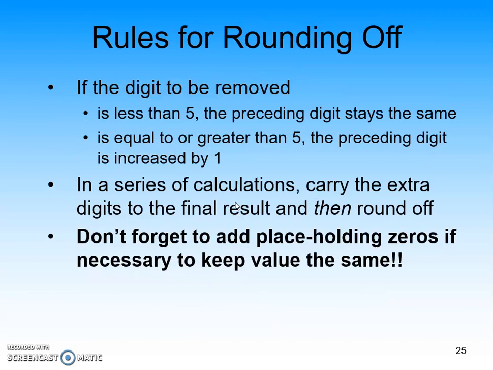Now, rules for rounding off. If the digit to be removed is less than 5, the preceding digits stay the same. If it is equal to or greater than 5, the preceding digit increases by 1. In a series of calculations, carry the extra digits to the final result and then round off. Don't forget to add placeholding zeros if necessary to keep the value the same.